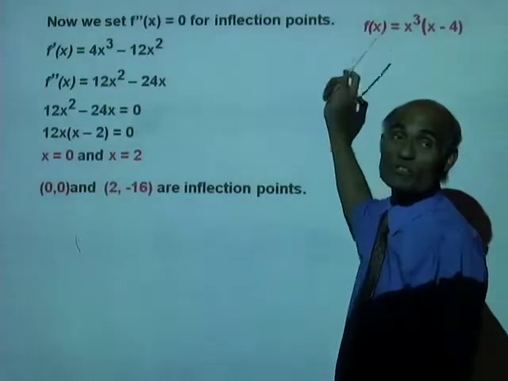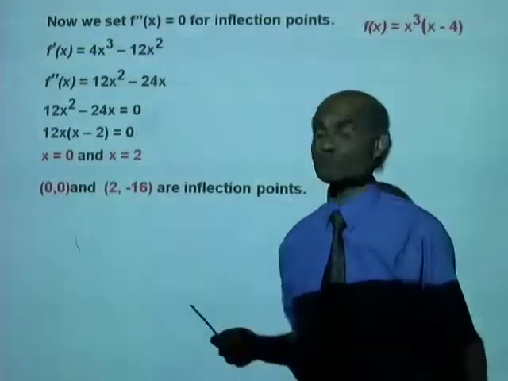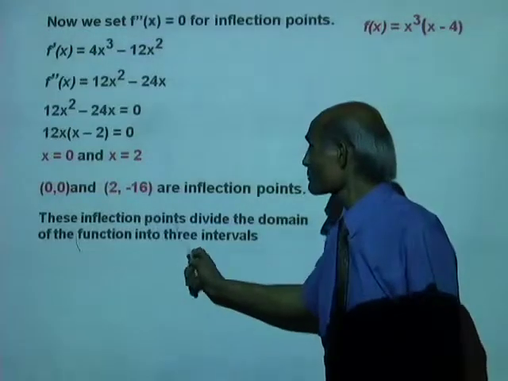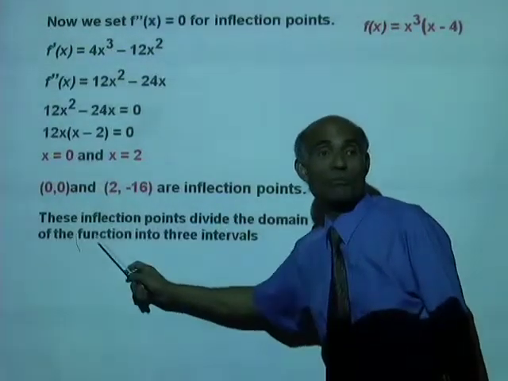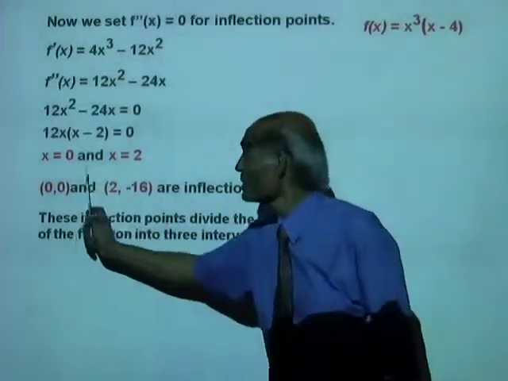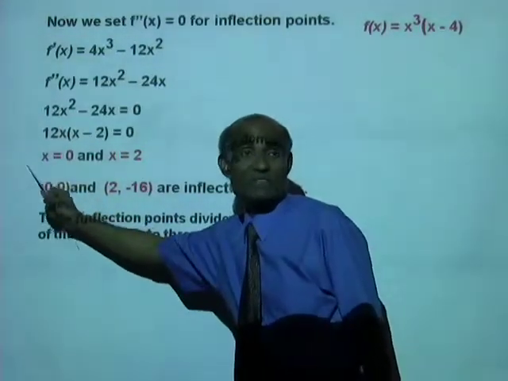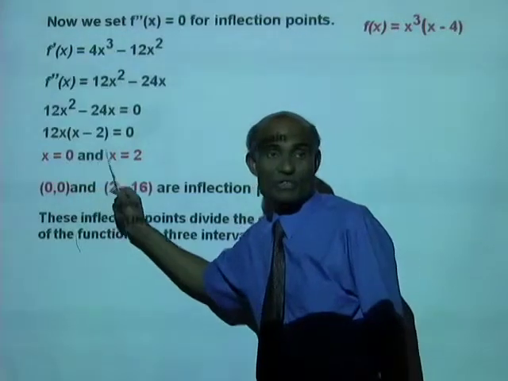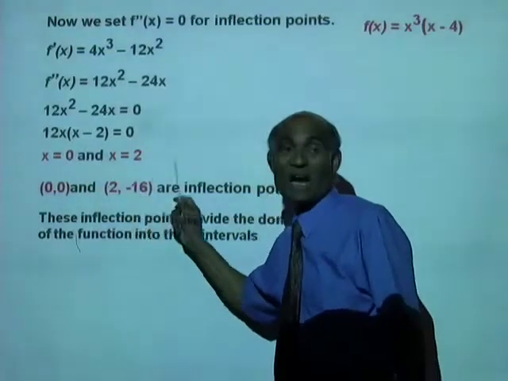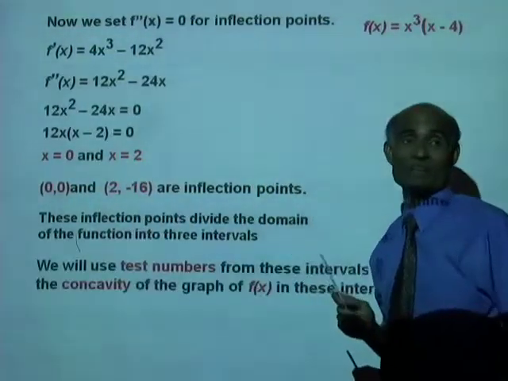Remember, we are always dealing with the function. These inflection points divide the domain of the function into 3 intervals. What are they? It will be negative infinity to 0, 0 to 2, and 2 to infinity.